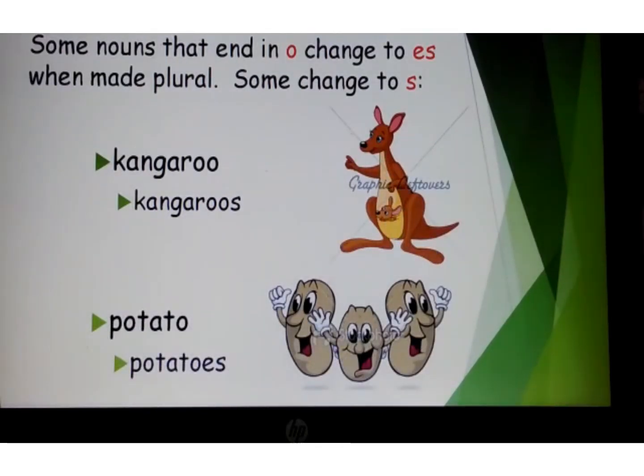But here you can see this potato is ending in O, but you are adding ES to it. Why, children? Because if the last letter is O and before O there is a consonant, you add ES to it. But before O, if there is a vowel, you just add S to it to make it plural.